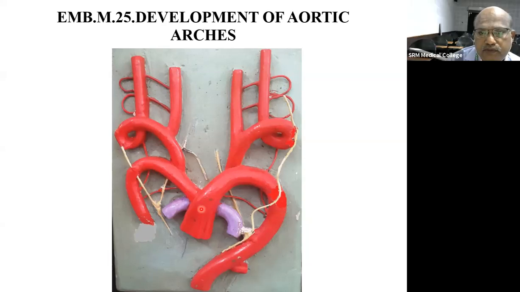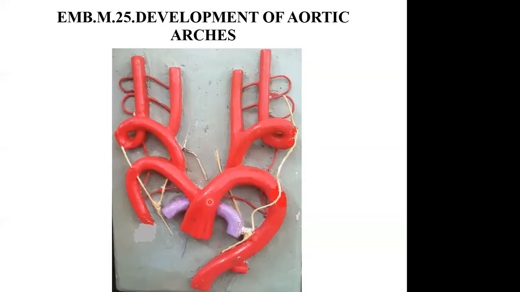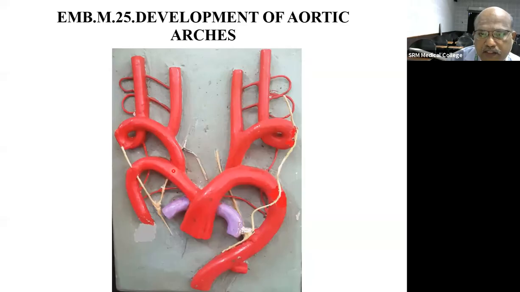So very simple. Now this is the fourth arch. On the left side it forms the arch of aorta. On the right side it forms the right subclavian artery. Now this is your sixth arch. It is divided into ventral and dorsal part by the formation of the branch to the lung bud, the developing lung bud.